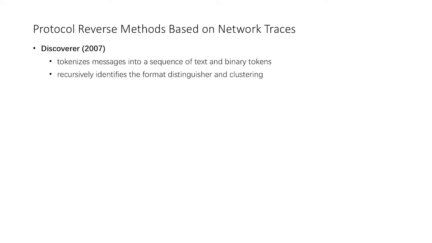Next, I would like to introduce four related protocol reverse methods based on network traces. The first work, Discoverer, first tokenizes messages into a sequence of text and binary tokens, and recursively identifies the format, distinguisher, and clustering.